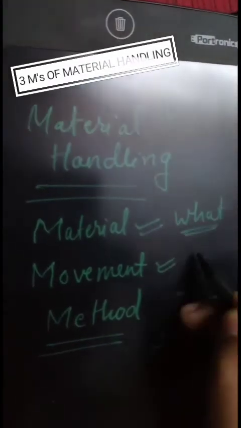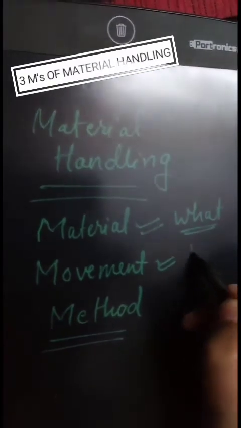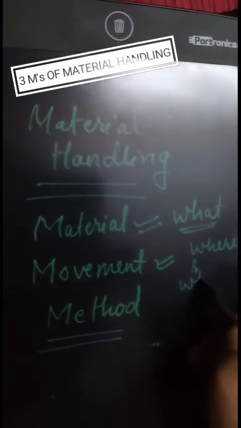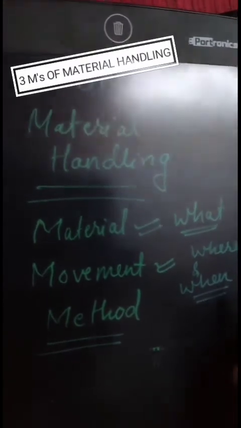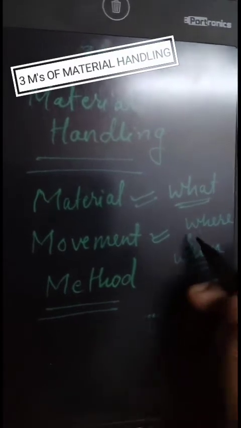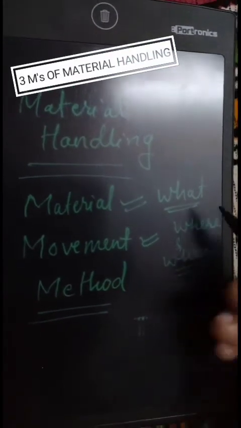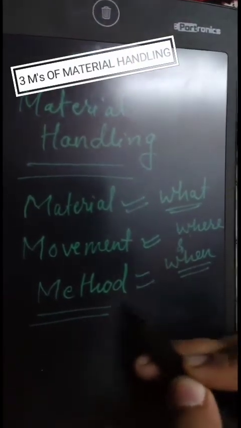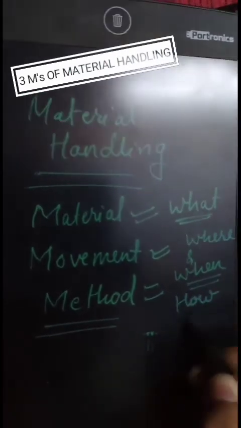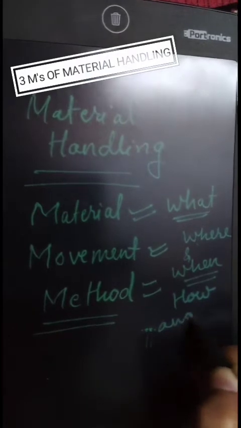In movement, we study about where and when: when and where the product is to be delivered, at what time, at what place. Next is method. In this we study about how and who.